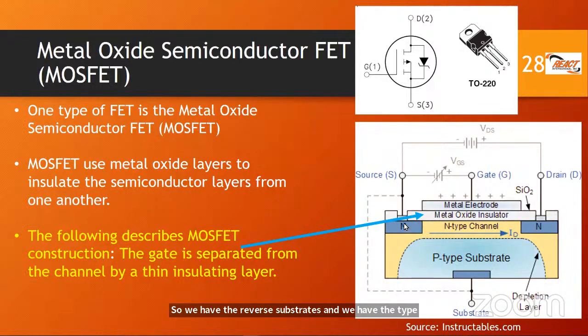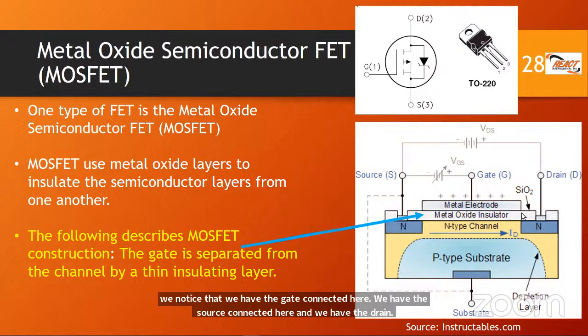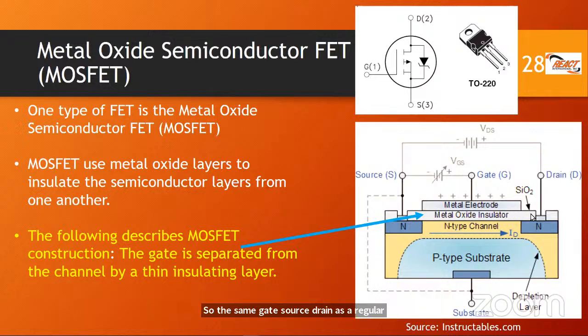We have the N type material here. We notice the gate connected here, the source connected here, and the drain. So the same gate, source, drain as a regular FET, but we have introduced this extra insulating layer called the metal oxide insulator, right? So metal oxide semiconductor, MOS. It's just saying that we've introduced this extra layer in the construction of the MOSFET.